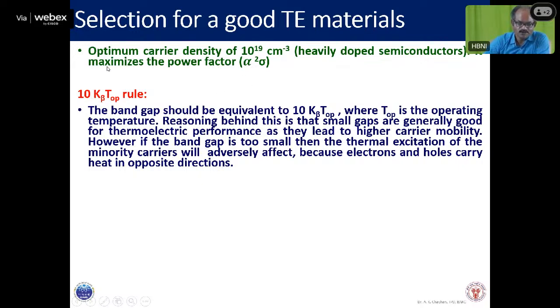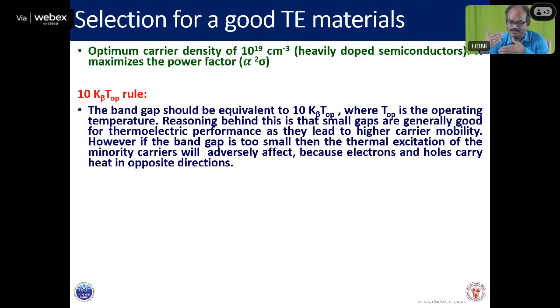There is a rule for finding this, the 10 k_B T rule, and it says that the band gap of the material should be equivalent to 10 k_B T, where T is the operating temperature and k_B is the Boltzmann constant. The reasoning is that small gaps are generally good for thermoelectric performance, as they lead to higher carrier mobility.